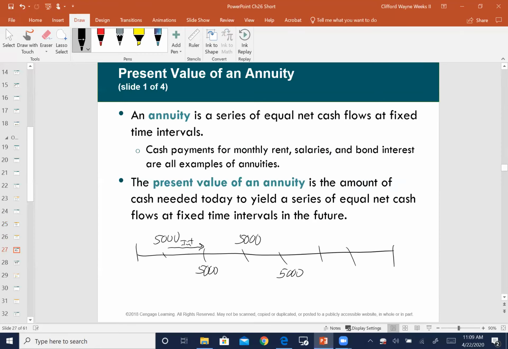So you're going to have a $10,000 investment, and then this is going to earn interest along with this one. This is the whole idea of your retirement: you're putting the same amount of money away, $5,000 every year, until you retire.